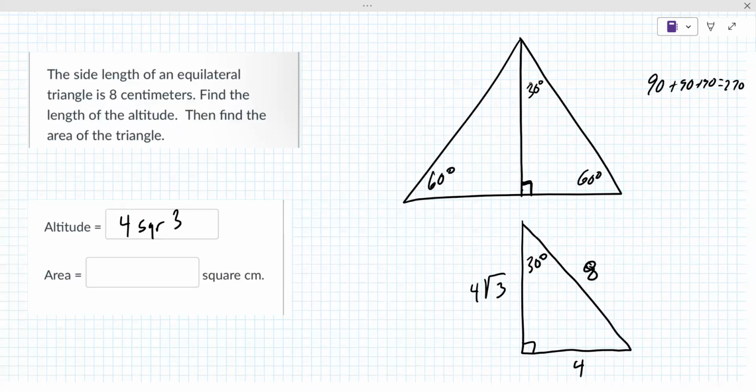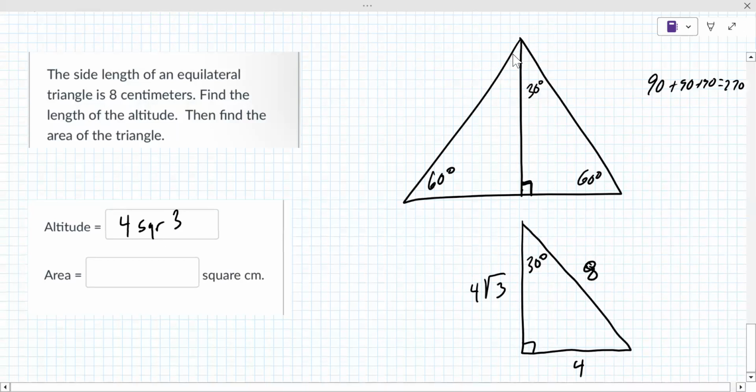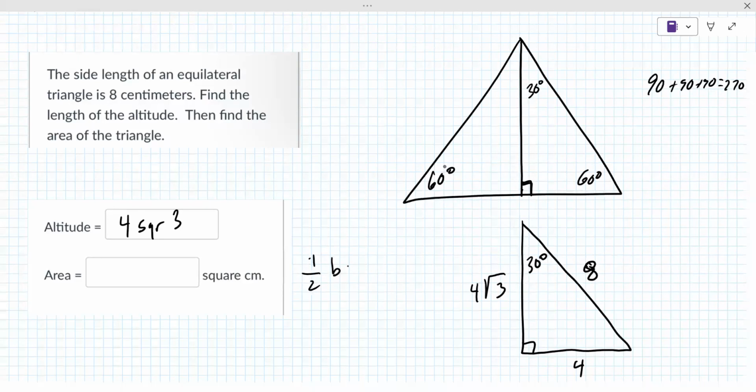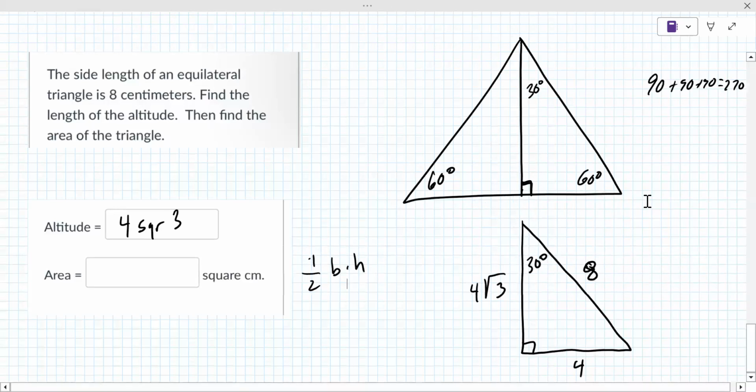The area, and you've got to be careful here because it's asking about the area of the big triangle. The big one. So your base is... it would be 64, divide that in half, 32. How did you come up with that? Because I know I need to do 8 times 8 and then divide that in half. It's base times height. The base is what it sits on, which is 8.